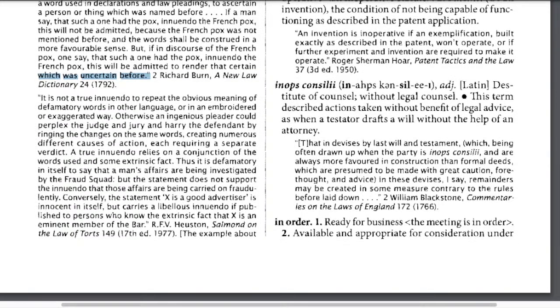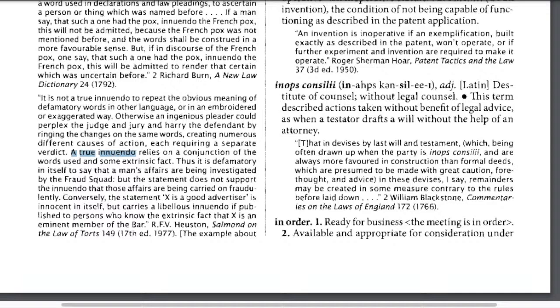So let's continue here. It is not a true innuendo to repeat the obvious meaning of defamatory words in other language or in an embroidered or exaggerated way. Otherwise, an ingenious pleader could perplex the judge and jury and harry the defendant by ringing the changes on the same words, creating numerous different causes of action, each requiring a separate verdict.